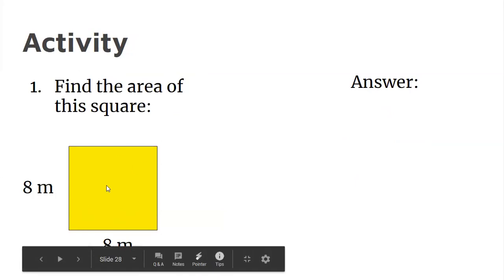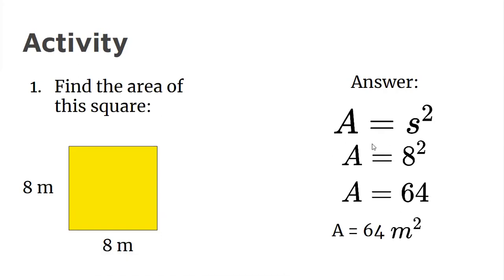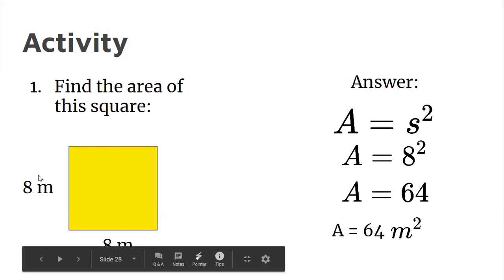If you realize that all the sides are congruent to each other, then you could use this equation: A equals S squared, or area equals side squared. One of the sides is 8 meters, so A equals 8 squared. A equals 64, because once you square 8, it equals 64. So the area should be 64 meters squared.